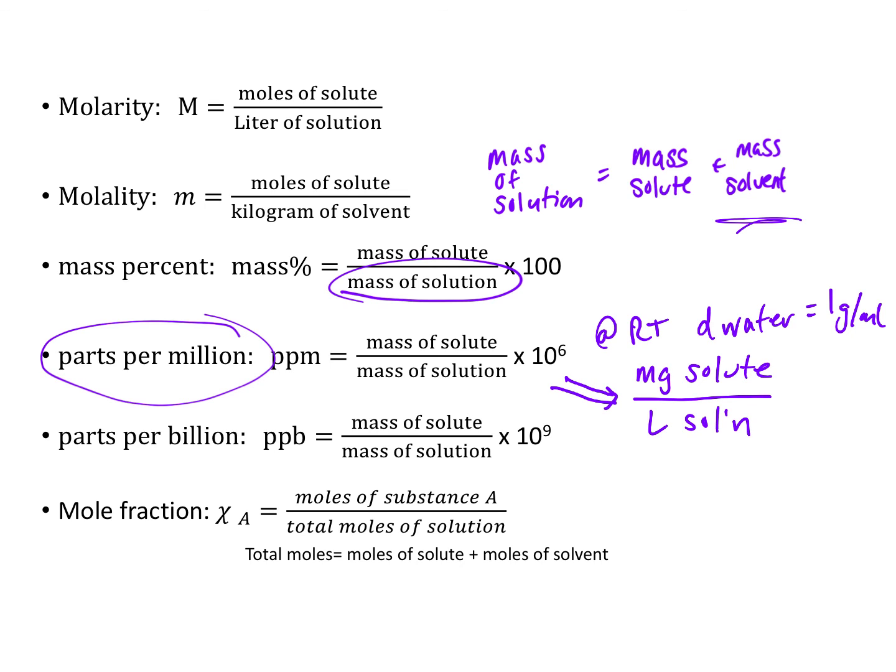So again, assuming the density is 1 for water, assuming that the mass of the solute matters incredibly little, significant figure-wise, we can make this assumption. I like this unit. I think it's easier for me to think about. But I also want you to know this other definition. We will be using that as well.